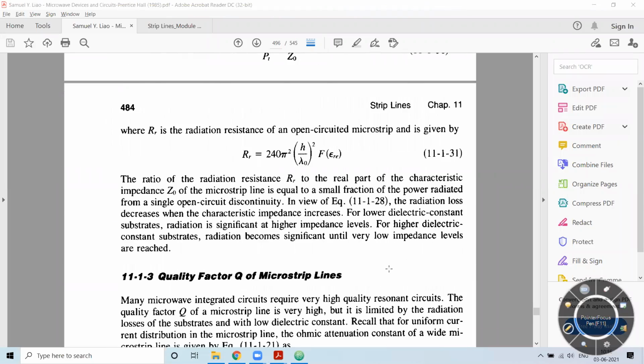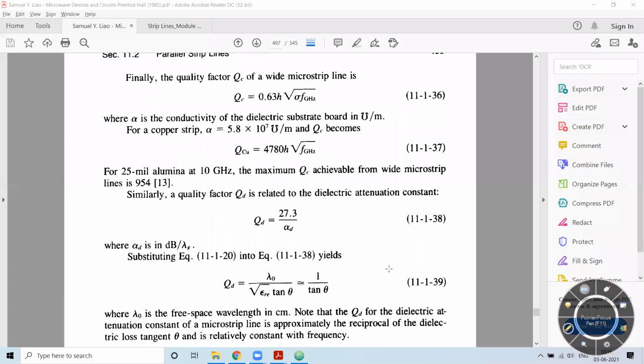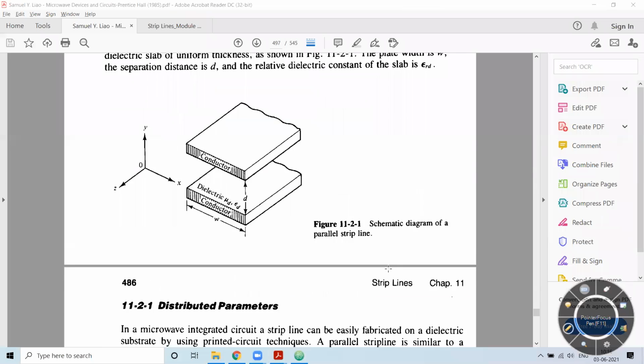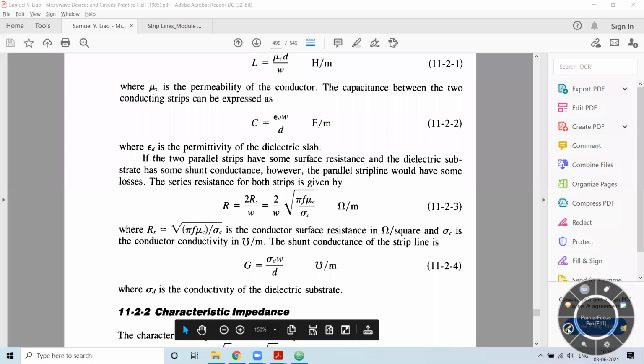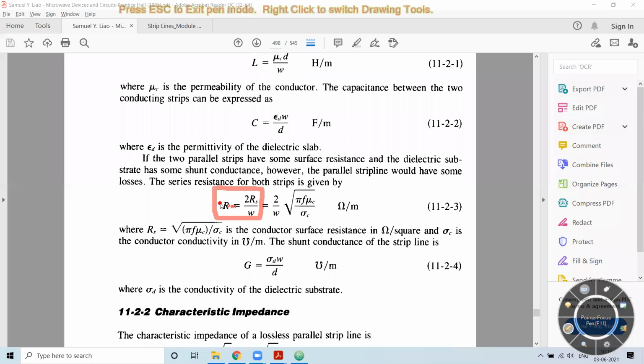So if we consider that there is a skin resistance associated with the parallel strip lines, that is for the conductors, then its resistance can be given by this equation, which is 2 times Rs divided by W. And when you make the substitution for Rs, you have 2 by W into square root of pi into mu c divided by epsilon sigma c.